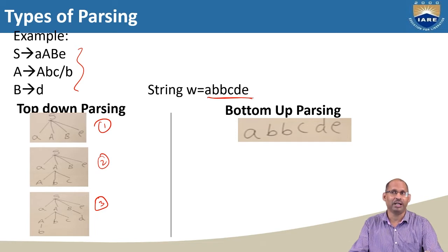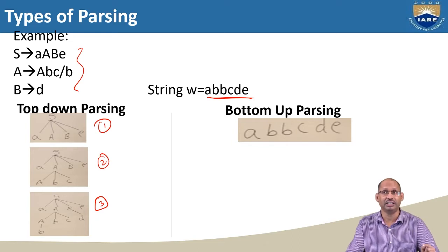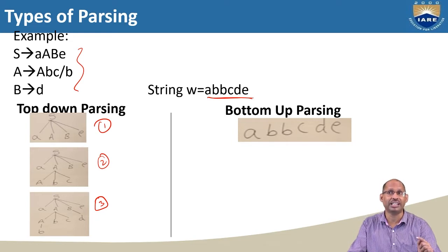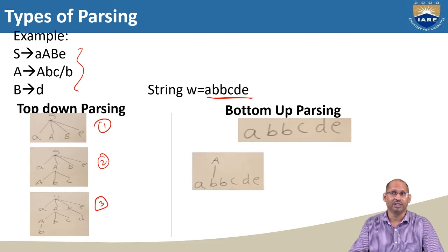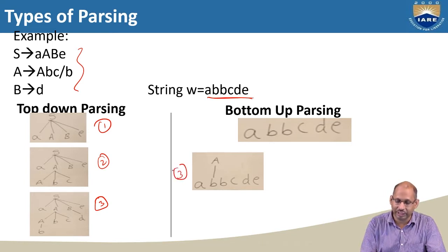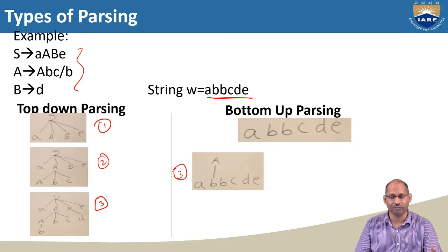Bottom-up parsing starts with the sequence of the terminals of the given string. From that, we map the respective terminal to a variable. We replace a terminal with the variable, using the third production.